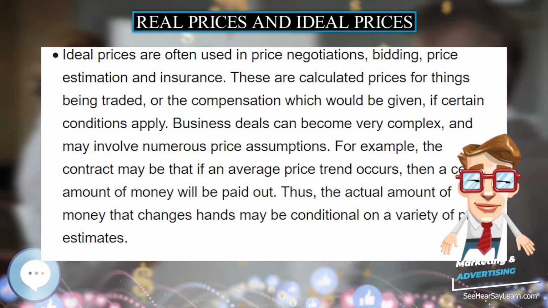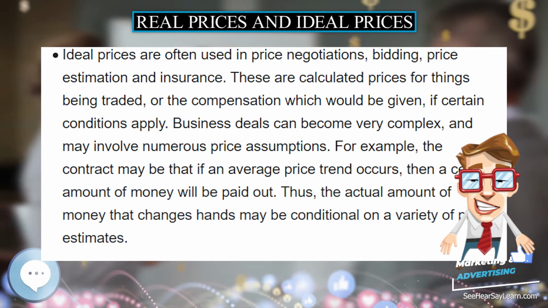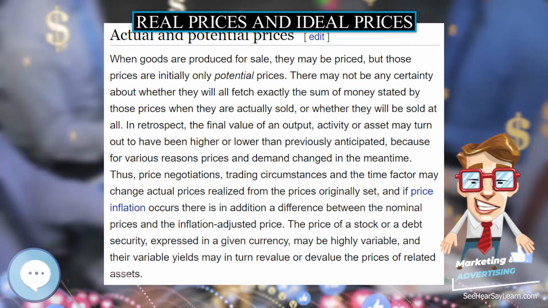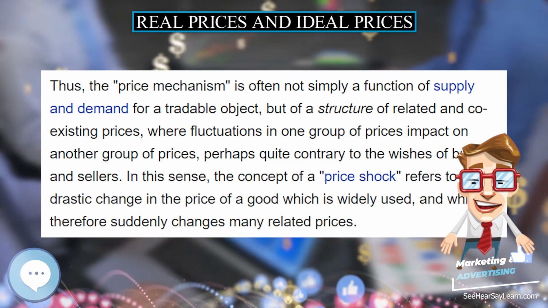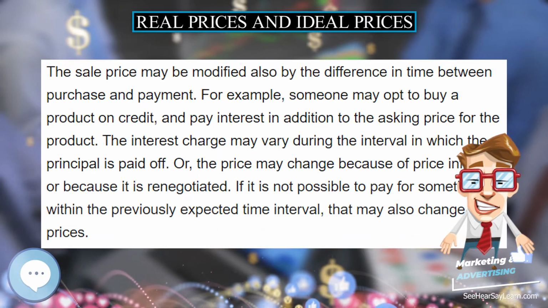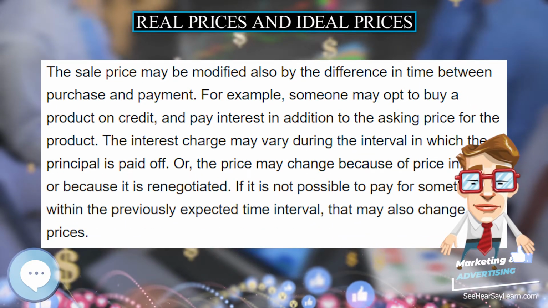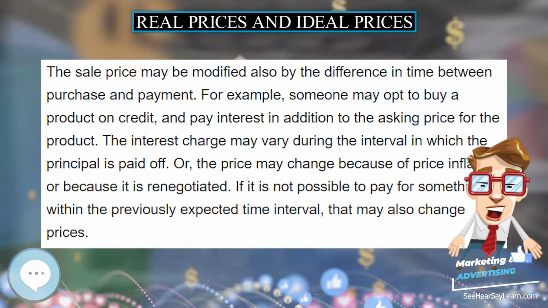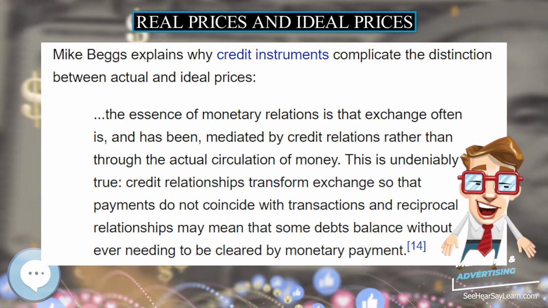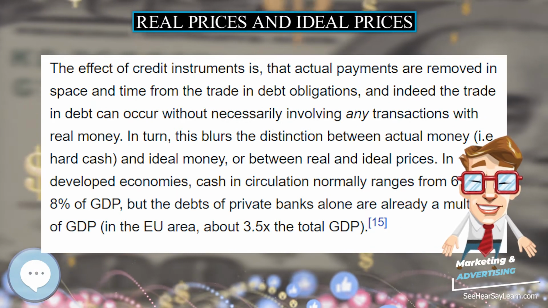In turn, this blurs the distinction between actual money, i.e. hard cash, and ideal money, or between real and ideal prices. In developed economies, cash in circulation normally ranges from 6% to 8% of GDP, but the debts of private banks alone are already a multiple of GDP, in the EU area, about 3.5x the total GDP.